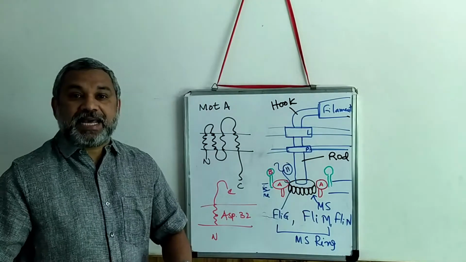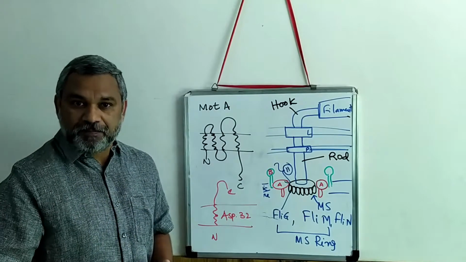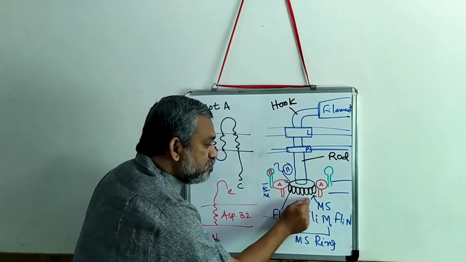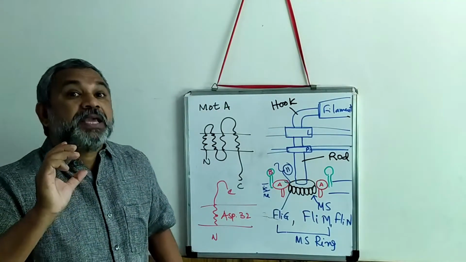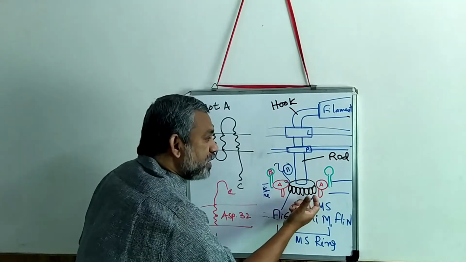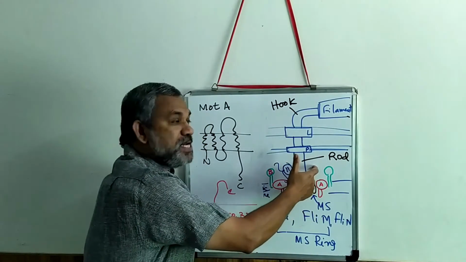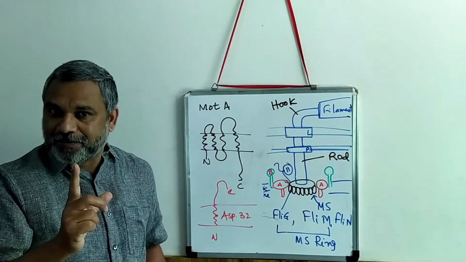Let us try to understand how exactly the motor starts moving. Remember, this motor portion that is made up of the Fle-G protein is capable of rotating. When it rotates, the rod rotates, the hook rotates, and the filament rotates.